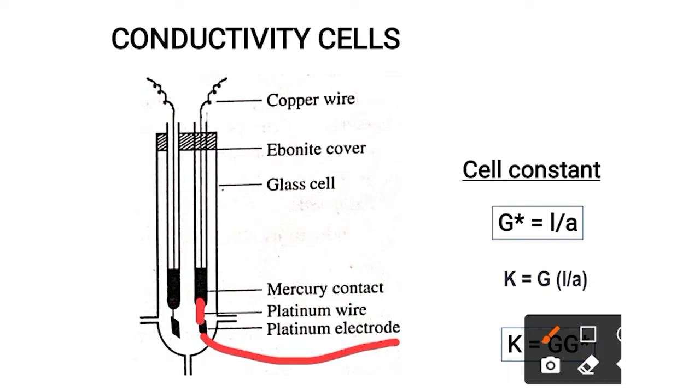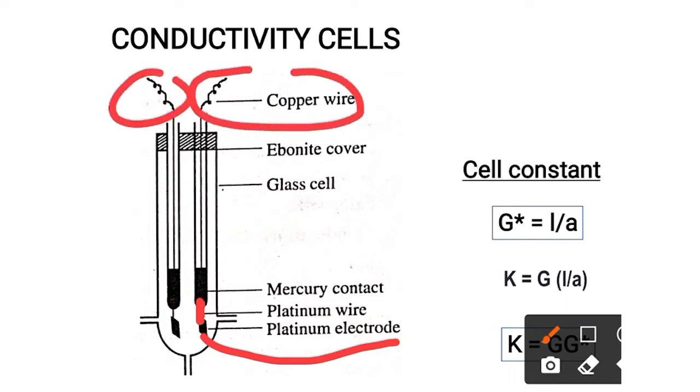For the electrical contact, there are two copper wires. These narrow glass tubes are rigidly fixed by the ebonite cover so that the distance between them remains constant.